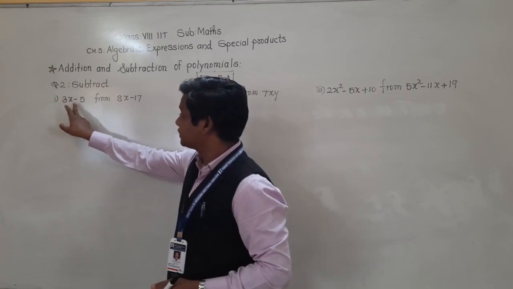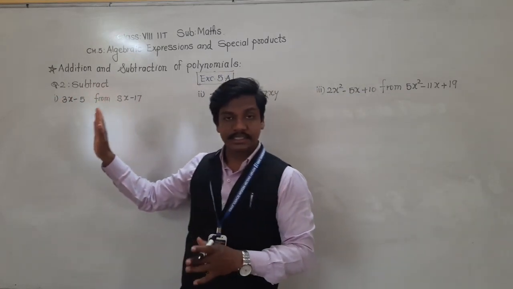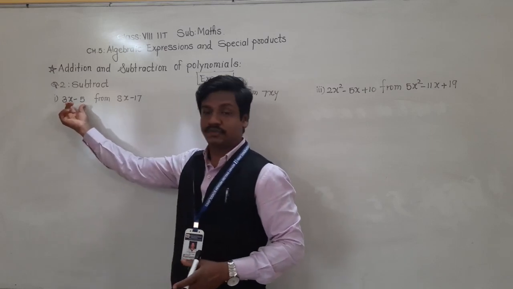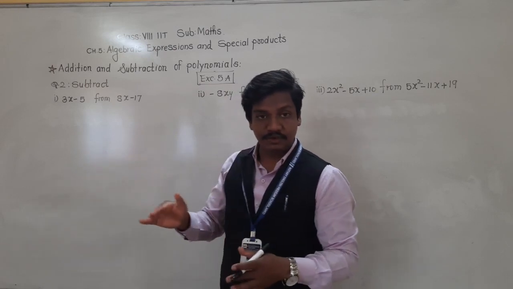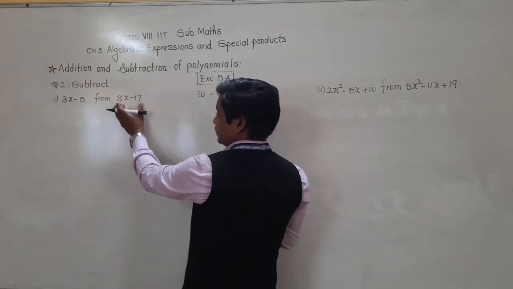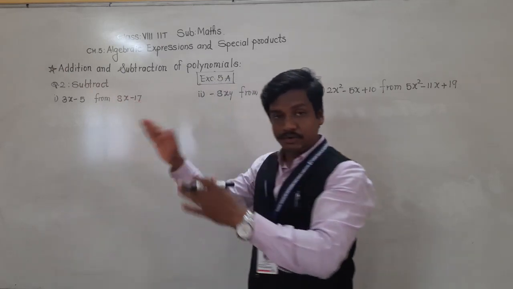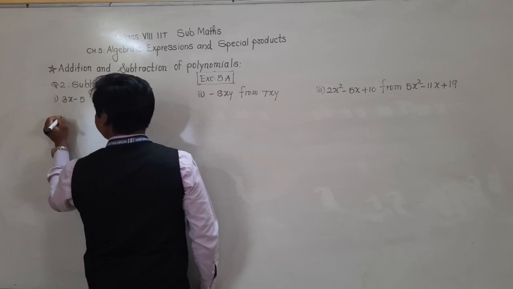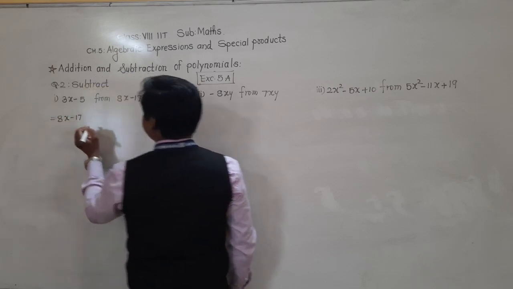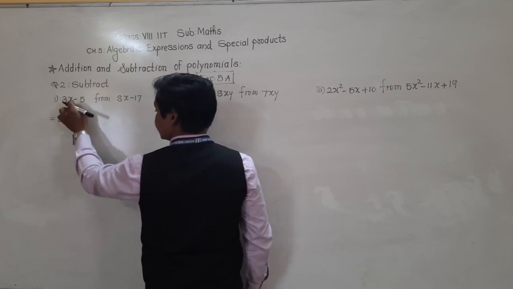Subtract first 3x minus 5 from 8x minus 17. Okay. See this language. This expression we have to subtract from 8x minus 17. That means while arranging for subtraction, the expression written after 'from', that we will take first. Okay, so 8x minus 17 minus, subtract, so minus this expression.